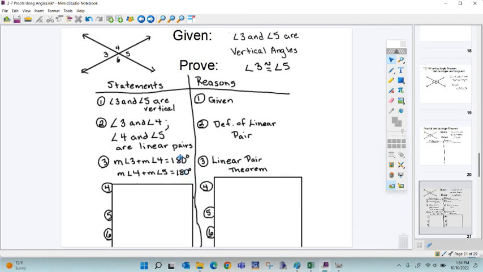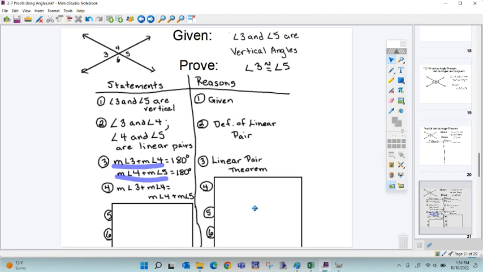We should remember that since these two things equal the same thing, they can equal each other. So we know angle 3 plus angle 4 is 180, and angle 4 plus angle 5 is also 180. So that means that these two are the same. They are equal to each other.